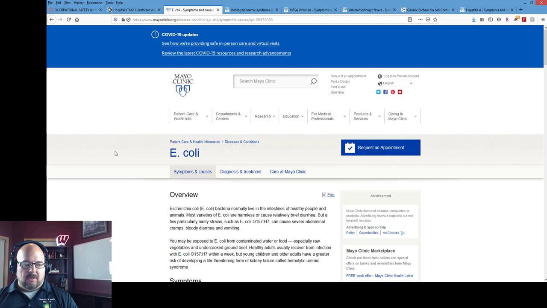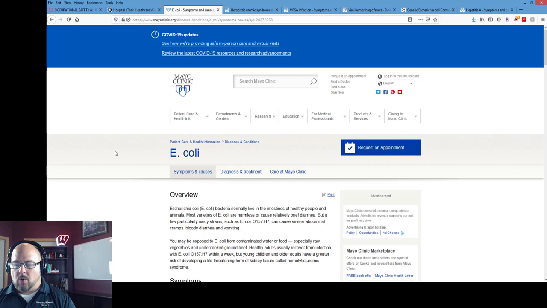E. coli is something that is found in the digestive tracts of animals, typically cows. And the way it gets into our food is because remnants of fecal waste get into our food or into the water that is used to grow food.